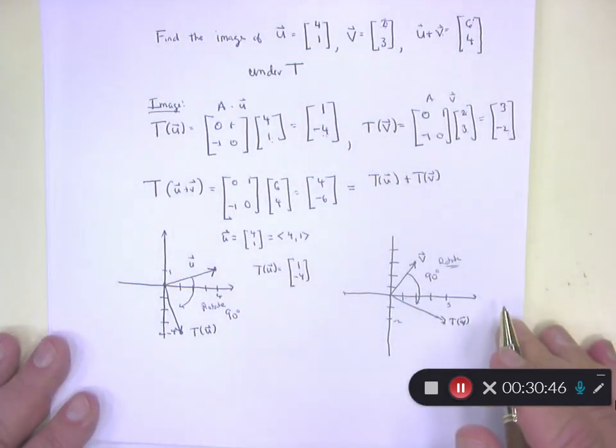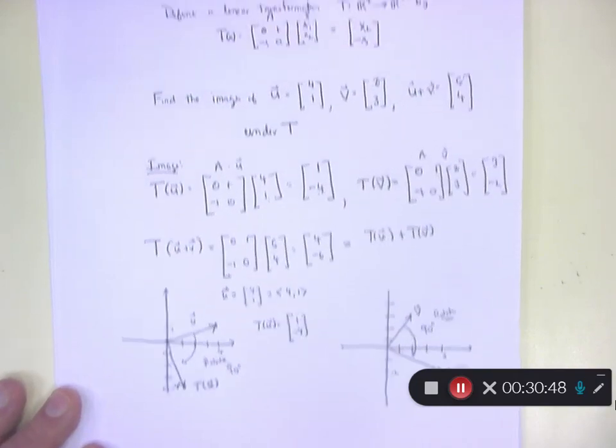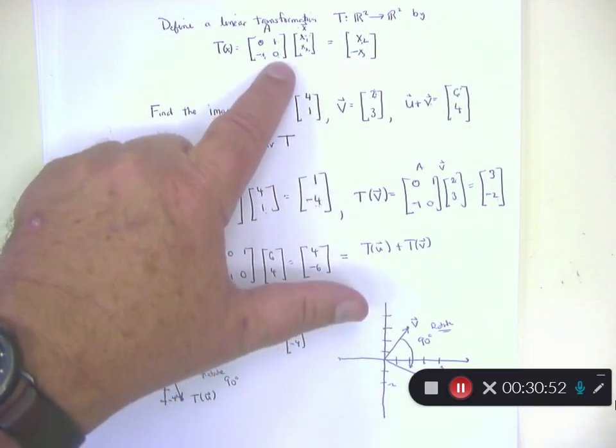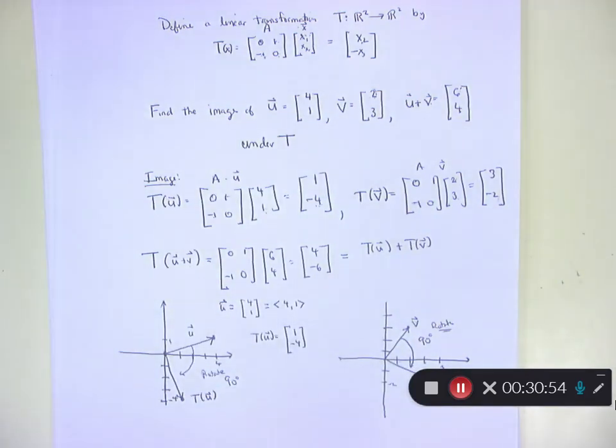So this linear transformation, where T was represented by the matrix A, which is [0, 1; -1, 0], actually ends up taking my vectors and literally just rotating them clockwise 90 degrees. Okay, that's what's going on here. Does that make sense? So this is the dilation or contraction, rotation. This is what linear transformations can do for you, okay?